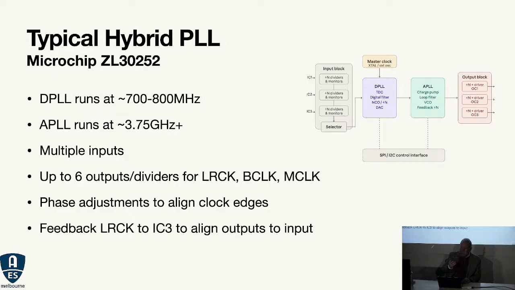And you remember the constraint that the output LR clock needs to match the input LR clock in terms of phase. And that can be tricky to do. So in this case, the way you do it is you feed the output back into one of the inputs and tell it, do your magic.